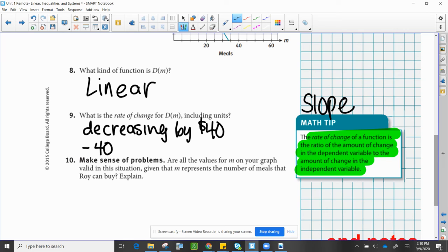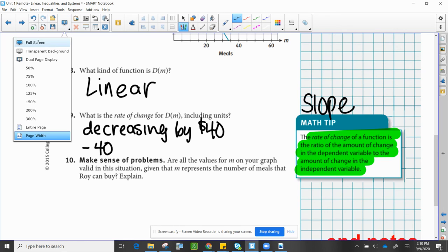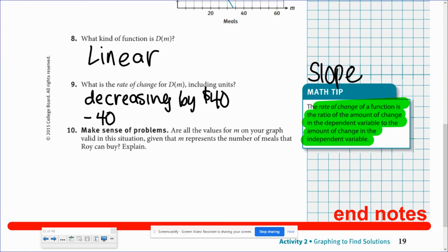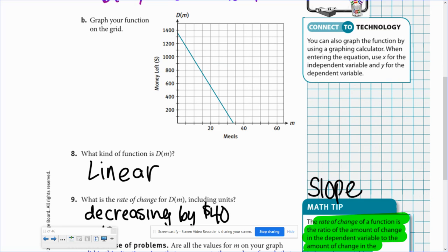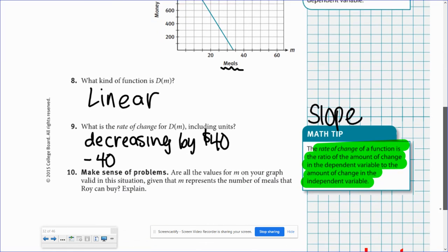Okay. And let's think about this. We had a question like this similarly in notes before, but are all values of m on your graph valid for this situation? So what that means is, can I plug in any value for m and it makes sense for this situation? So remember what m stands for. Can we have any number of meals? Okay.